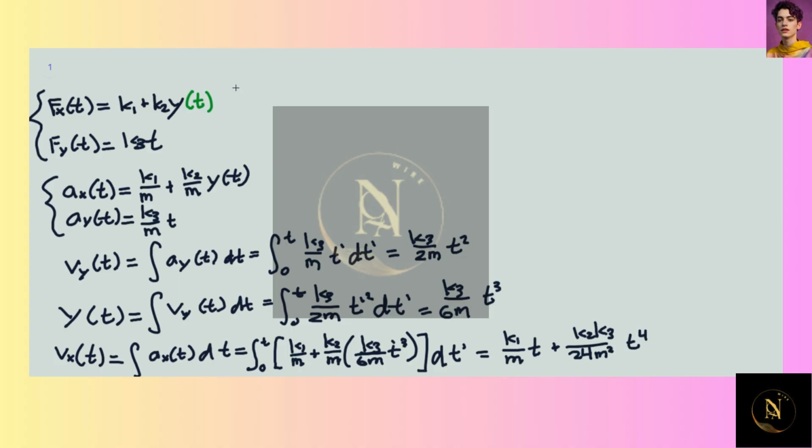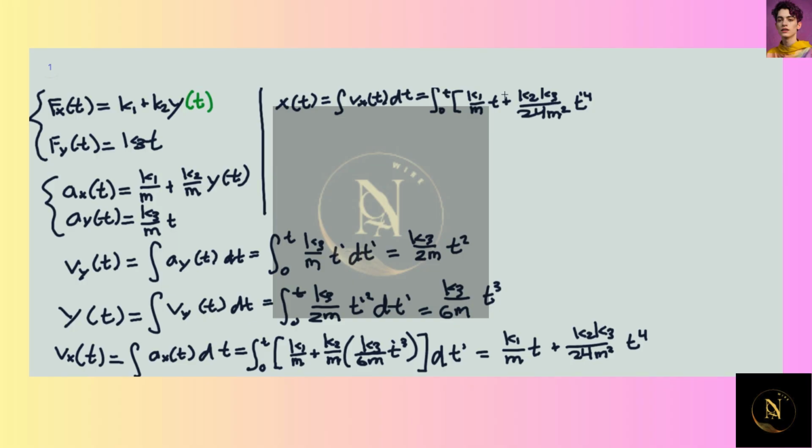Good. We're going to do that one more time in order to find the coordinate x. So integrate velocity in the x direction over time. That will give us our limits of integration. So we have k1 over m t plus k2 k3 over 24 m squared t prime to the fourth power.